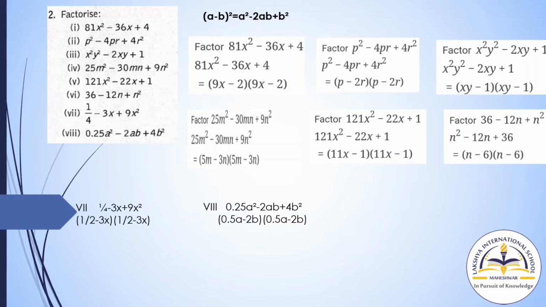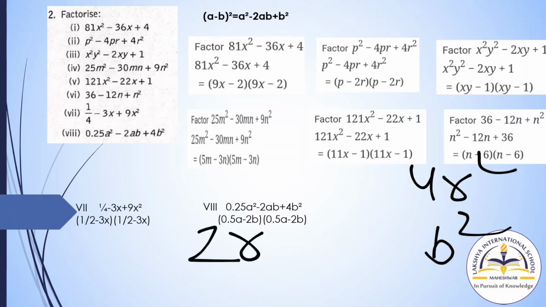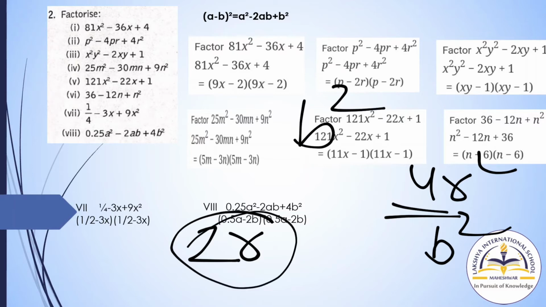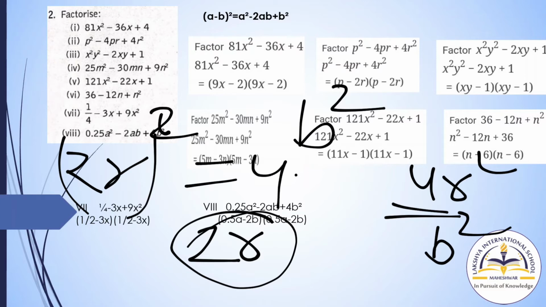Now question number 2, p square minus 4pr plus 4r square. You just see the value of b will be 2r, because here there is b square, meaning when you find (2r) whole square, you will get 4r square.